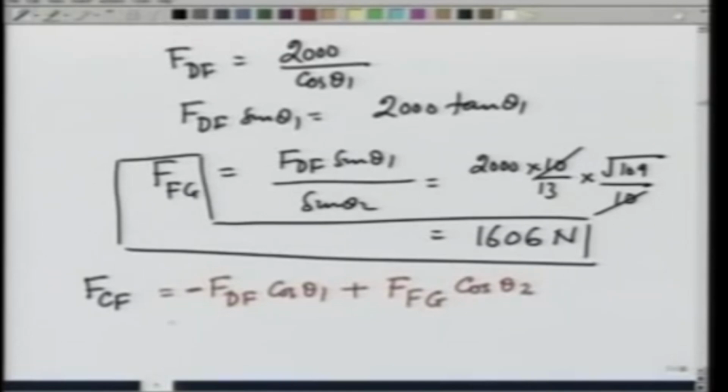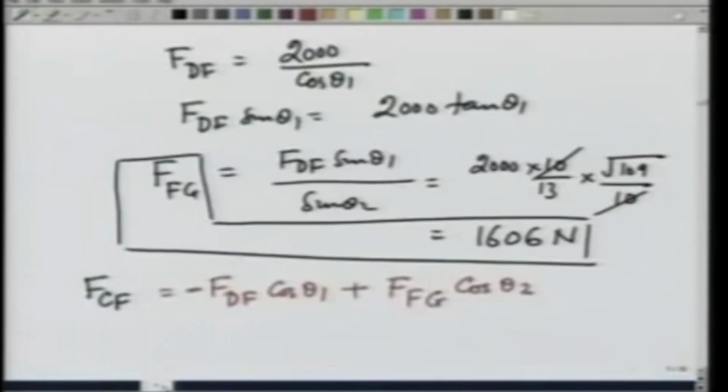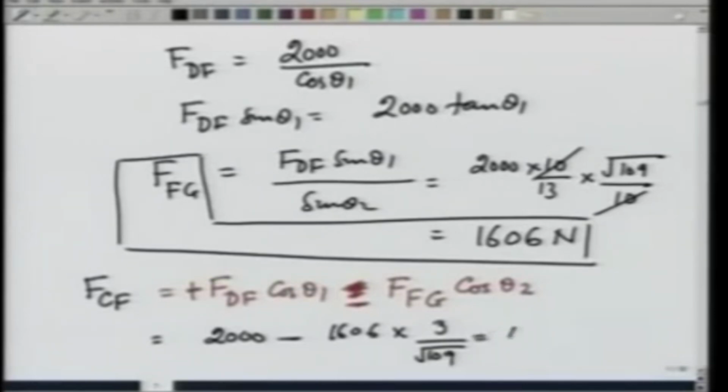So, did we get the sign right? Let us check that. We have plus and minus. So, this is plus and this one is minus, so the direction that we have anticipated is already correct. If you plug in the numbers, this comes out to be 2000 minus F_FG 1606 times cosine theta 2, which is 3 over root 109, and if you calculate this, it comes out to be 1538 newtons.